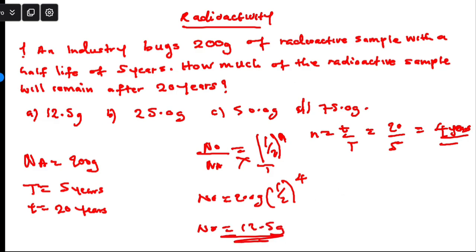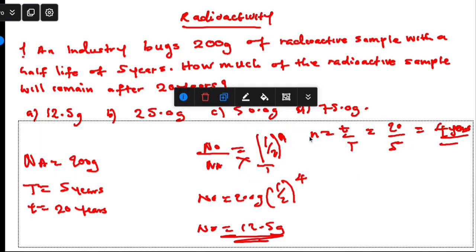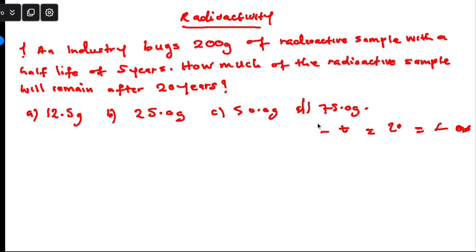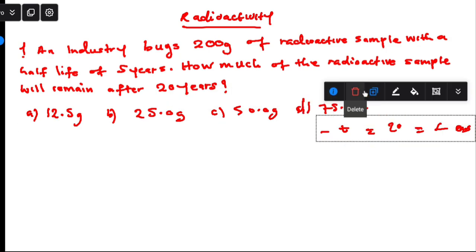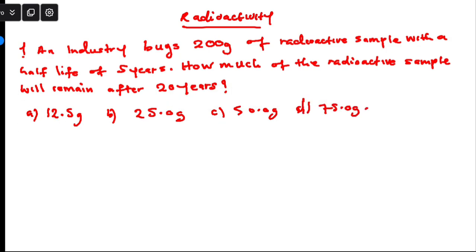Now let's say, for example, you want to use the manipulation, what are you supposed to do? We know that we are starting from 5 years, which is the half-life, and ending at 20 years. So at 5 years, we have 200 grams, which is the original mass, and we are ending at 20 years.